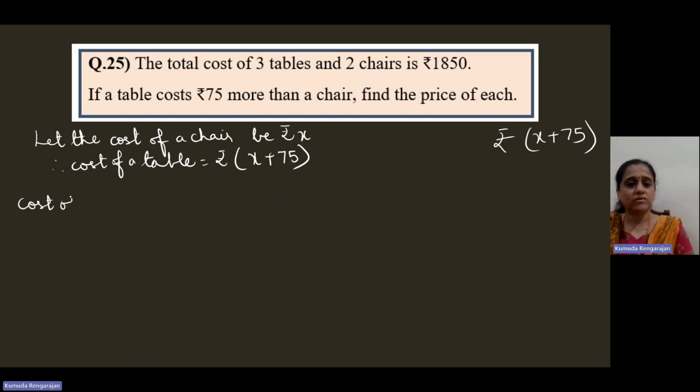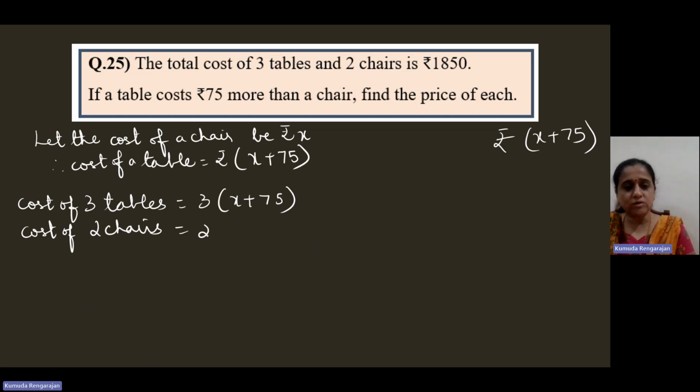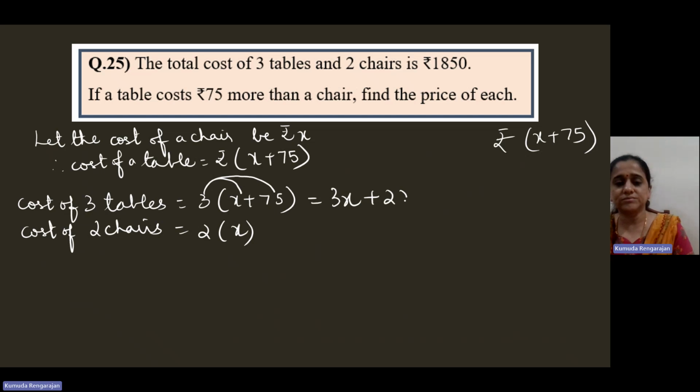Cost of 3 tables will be 3 into X plus 75. What will be the cost of 2 chairs? Cost of 2 chairs will be 2 into X. So 3 into X is 3X, and 3 into 75 is 225. And here it is 2X.